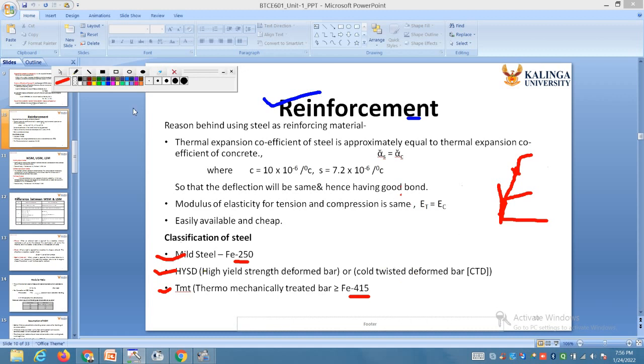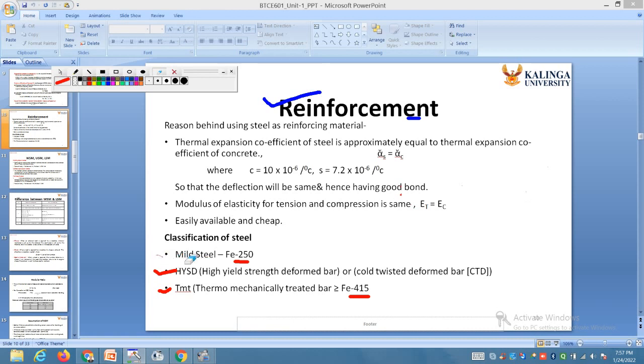So these are the two types of steel reinforcement which we use in RCC structure, and as I have discussed, these reinforcements are provided in the tensile zone in order to cope with the tensile stresses.